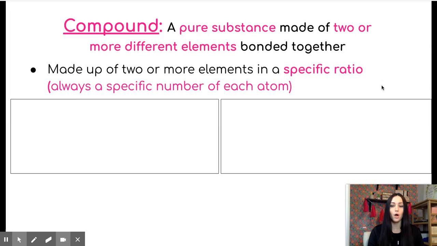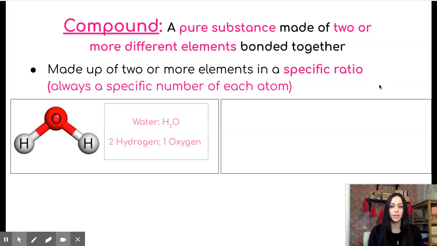That means that there are always a specific number of each atom in that compound. For example, H2O, which we know is water, is always made up of two hydrogens and one oxygen atom, or a 2-to-1 ratio. If it doesn't have that 2-to-1 ratio of hydrogen to oxygen, it's not water.